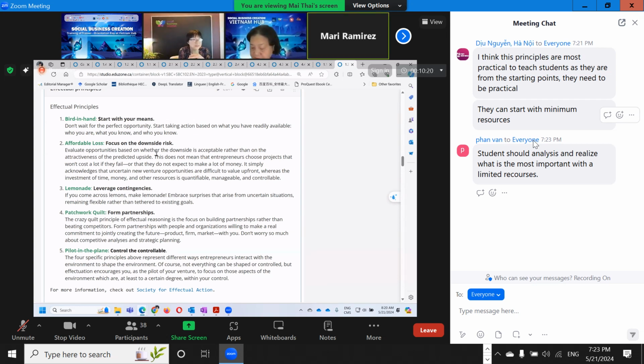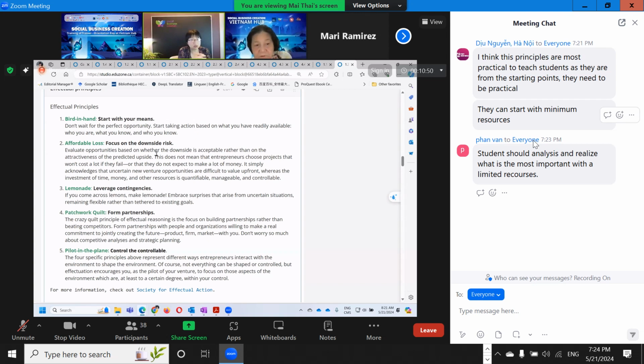Rather, if they fail, it should be a learning lesson so that they can reuse whatever resources they have left to build something new. So when they start the project, they start with a hot heart, but when they start designing products, they have to work with a cold head. They have to know the maximum that they can lose.